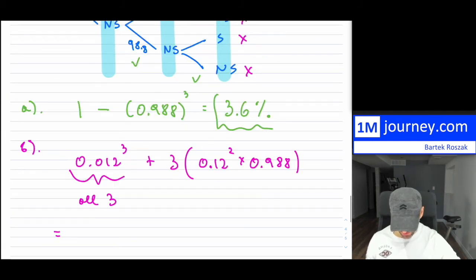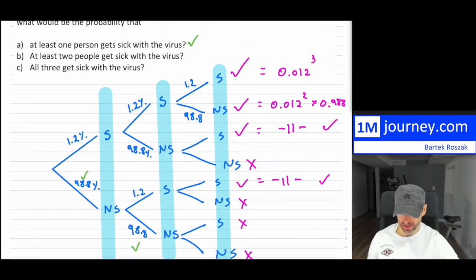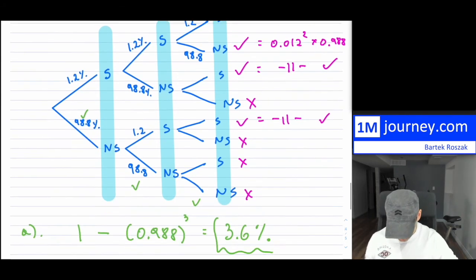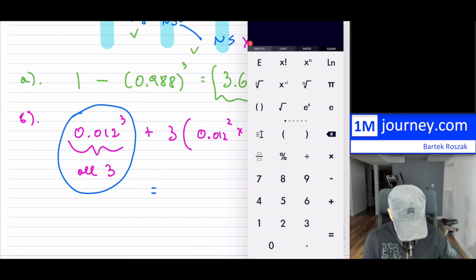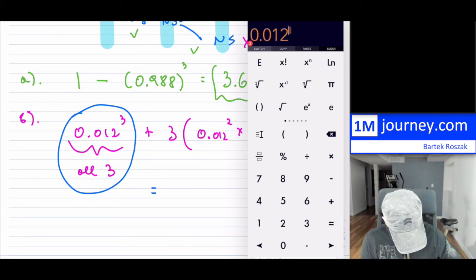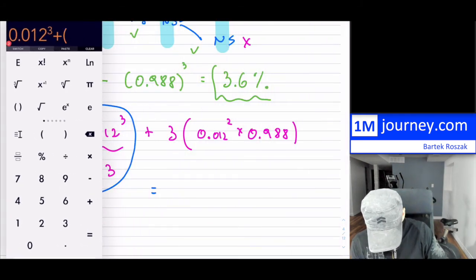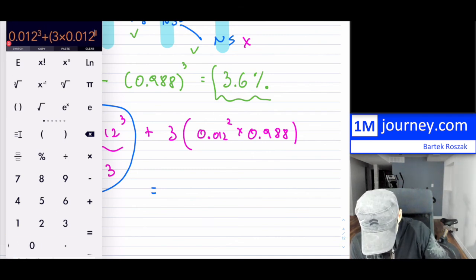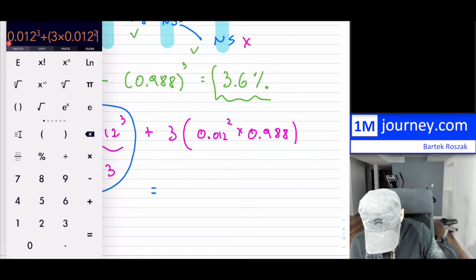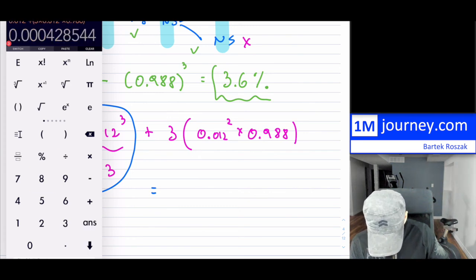So they were asking for at least 2 people getting sick with the virus. Notice it says at least 2 people. They didn't say 2 people got sick, because that would be different. We wouldn't be able to count the case of 3 people. So let's calculate it all in: 0.012 cubed, plus 3 multiplied by 0.012 squared, multiplied by 0.988, equals.